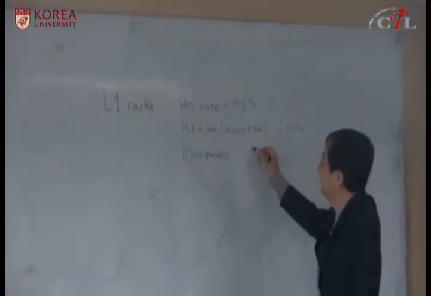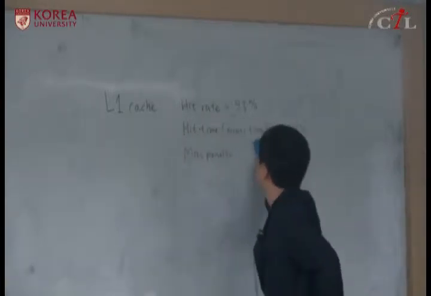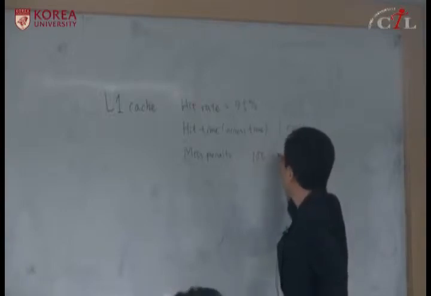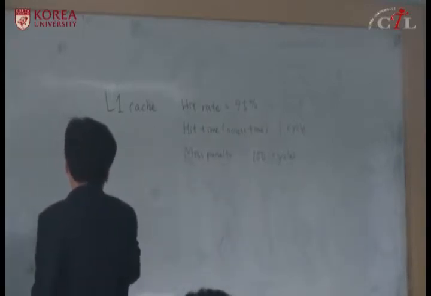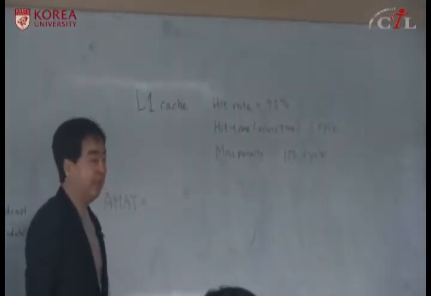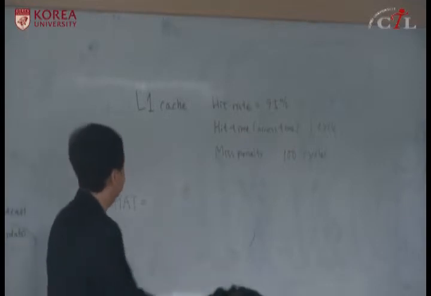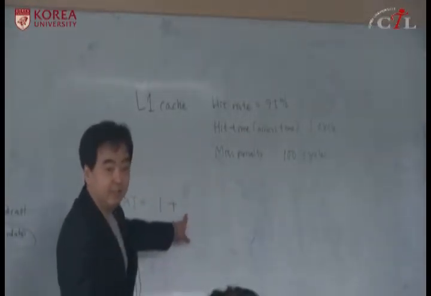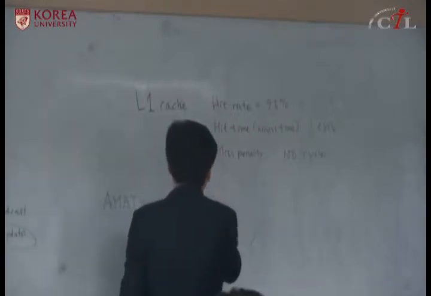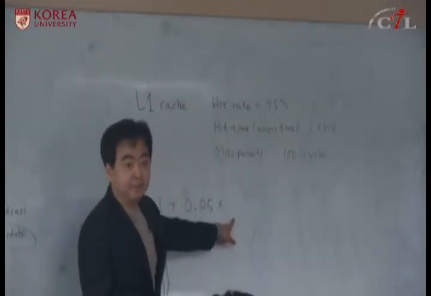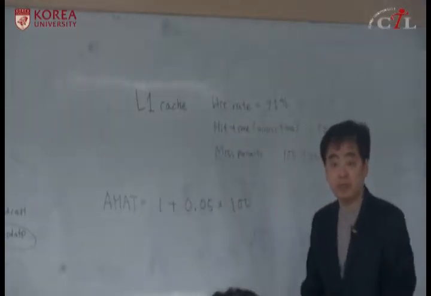It takes, let's say, 100 cycles. So average memory access time is equal to hit time, one cycle, plus miss rate, which is 5%, so 0.05, times miss penalty, 100.